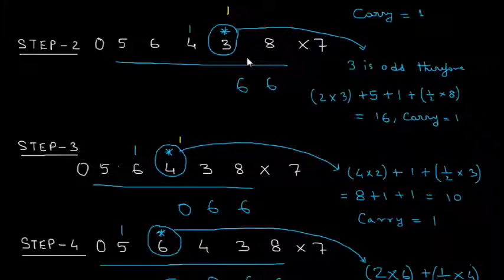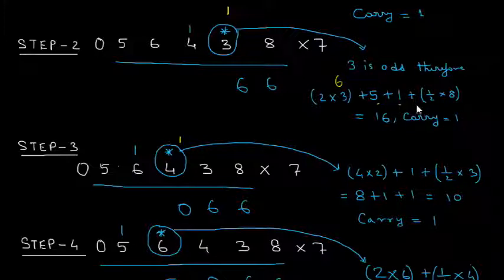So the next number is 3. So what we'll do, 3 is an odd number. So we'll double 3 first. So 3 doubled is 6, and we'll add 5. Why 5? Because 3 is an odd number. Whenever there is an odd number, we'll add 5. And plus 1, 1 is for carry.